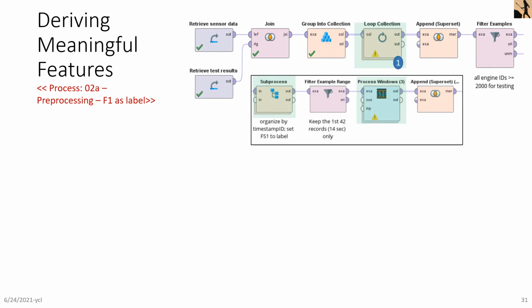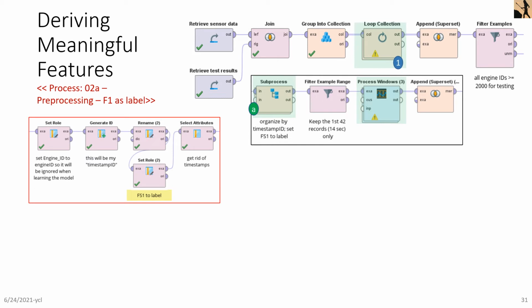Inside this loop, we should cover the process of deriving the necessary attributes to do the forecast of FS1 value. First of all, we should have a sub-process to label FS1 as the value we want to forecast, right?